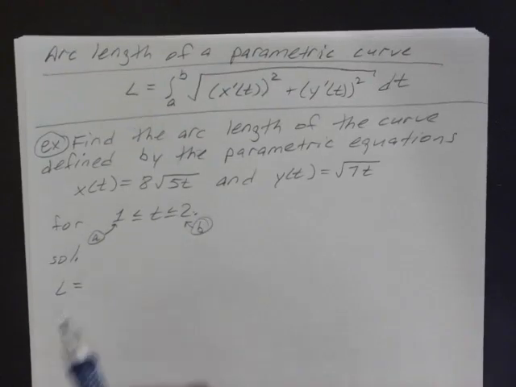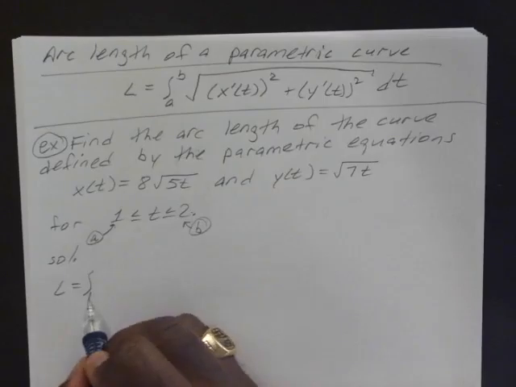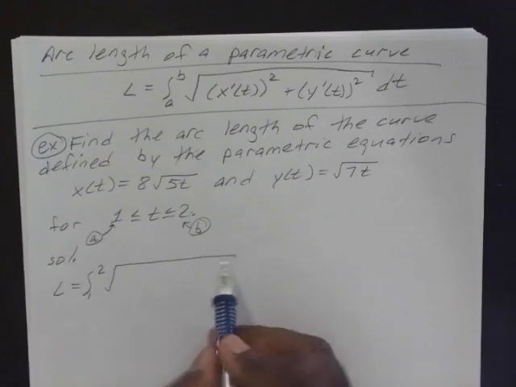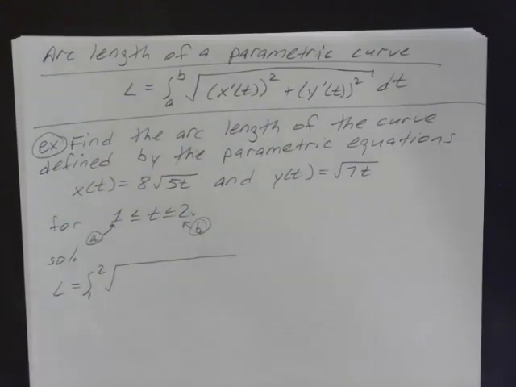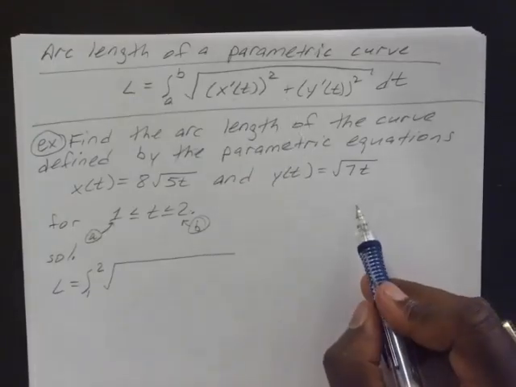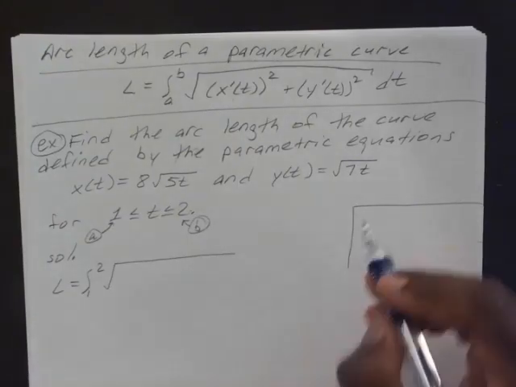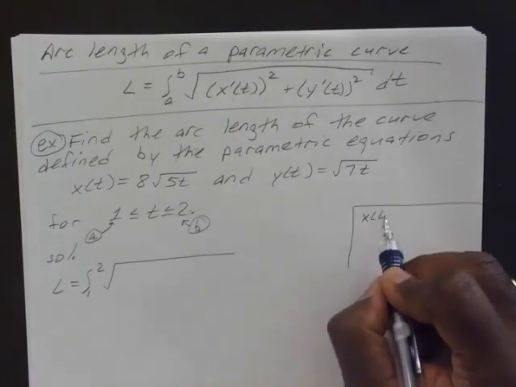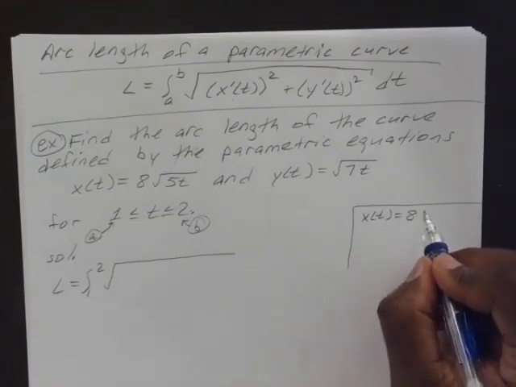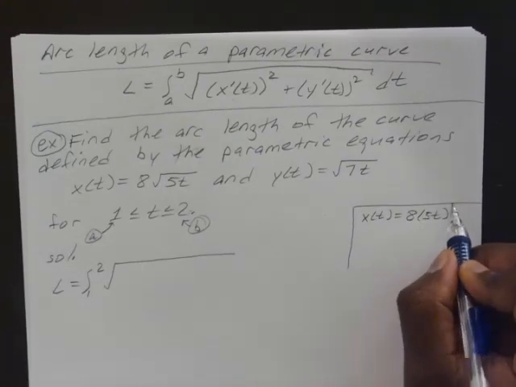Okay, so our arc length is equal to the integral from 1 to 2 of the square root of x prime of t squared. Now on this side, let's go ahead and get our x prime of t. Okay, so if our x of t is equal to 8 times, instead of the square root of 5t, we'll have 5t to the 1/2 power.